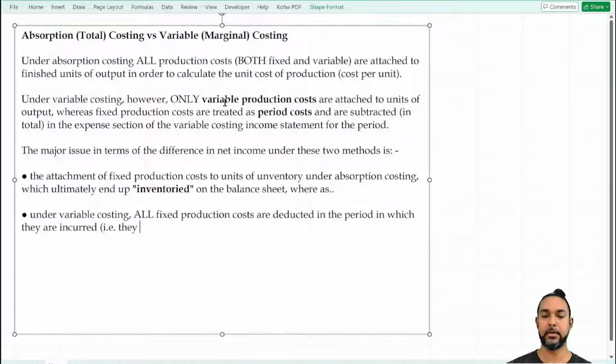I.E., in essence, they are treated as period costs. Right? Non-manufacturing.